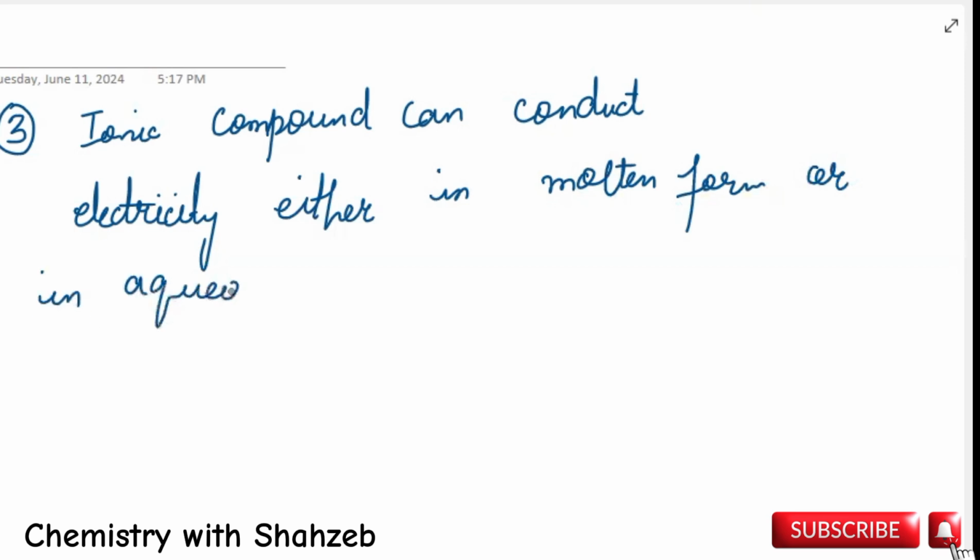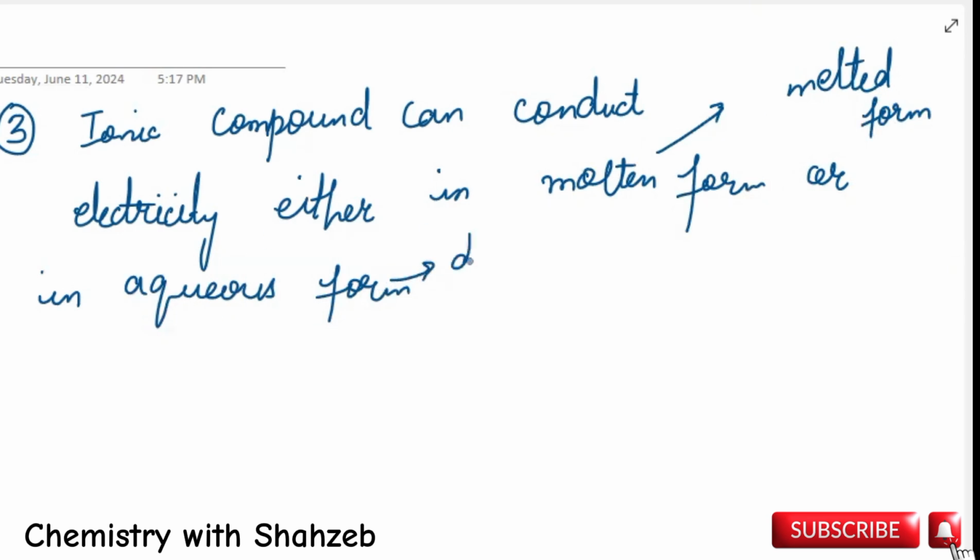What we mean by molten form is the melted form of anything. Aqueous form means one which is dissolved in water.